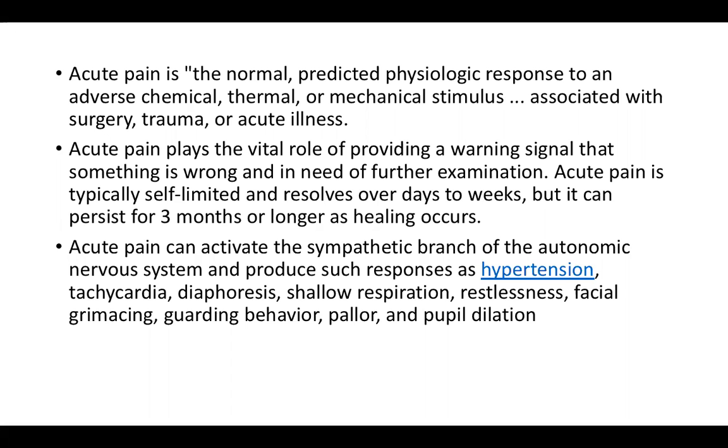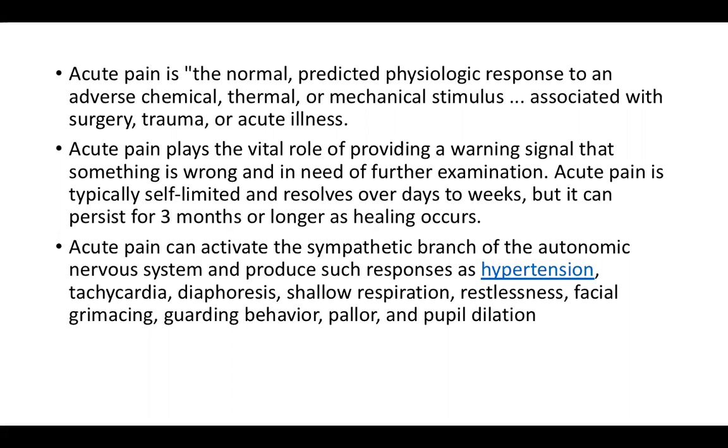Acute pain can activate the sympathetic branch of the autonomic nervous system, and as a result, it can lead to raised blood pressure, that means hypertension. Acute pain can lead to cardiac tachycardia, it can cause respiratory changes or restlessness, that is emotional distress.